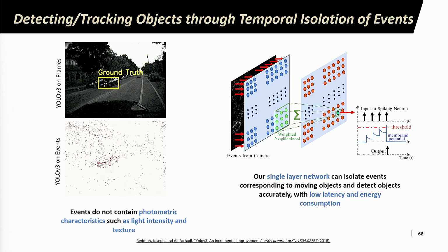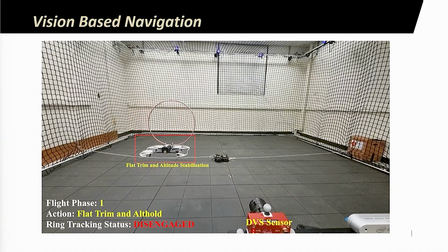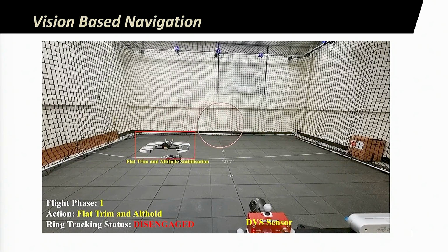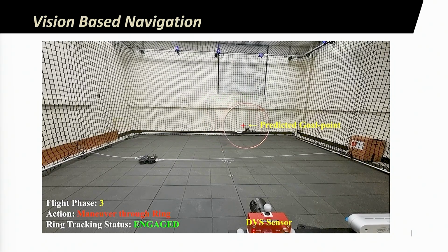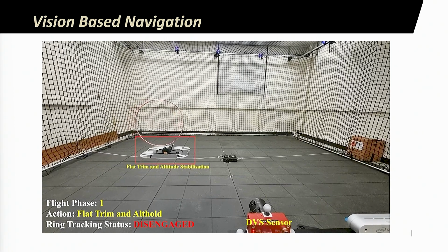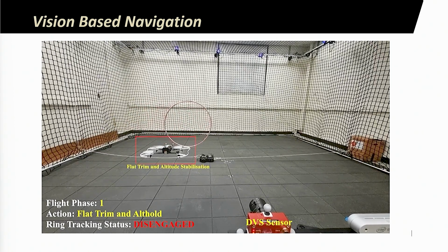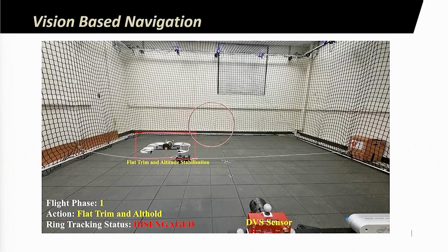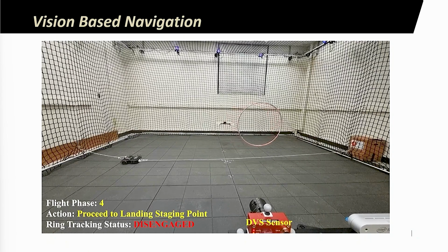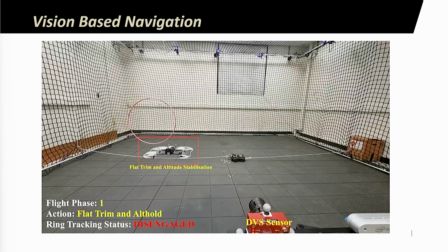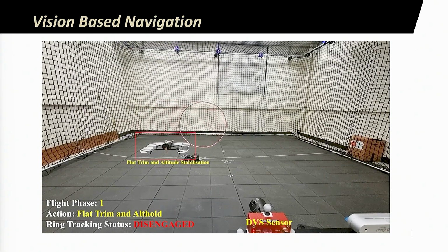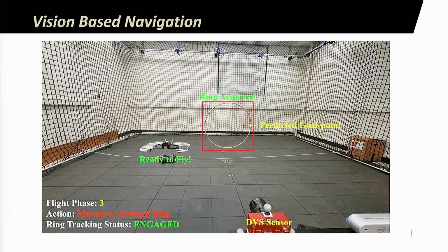I wanted to show you a video, and this video basically shows that there's a ring which is moving, and using the algorithms that we talked about, we figure out what speed that particular ring is moving, and then based on this DVS sensor which is shown in the front, which is not mounted on the drone, because this DVS camera is a little heavy for mounting on the drone, but turns out that what one can now do is, based on the speed of the object, the drone figures out what speed the object is moving, and based on that, it can go through the middle of that ring.